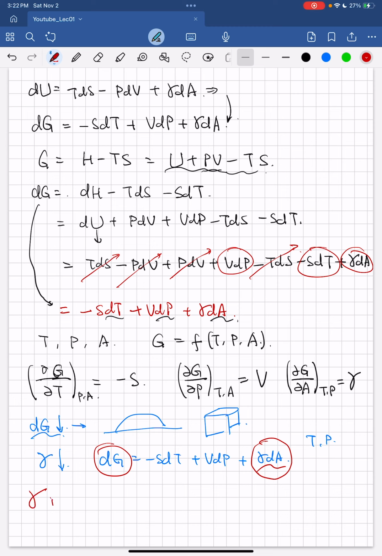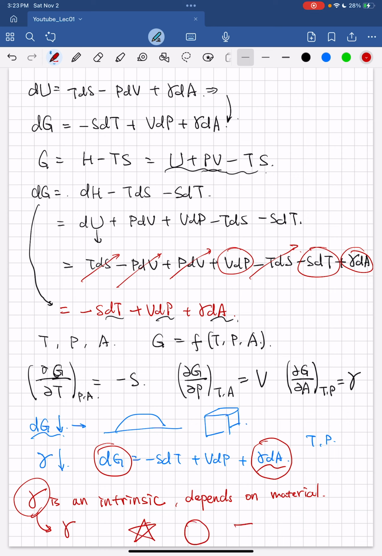And gamma is an intrinsic property. It doesn't really change. It depends on the material. It's not going to change because of the shape of the material or anything else. At constant temperature and pressure, there is a constant value of gamma, whether it's star shaped, sphere shaped, or square shaped.